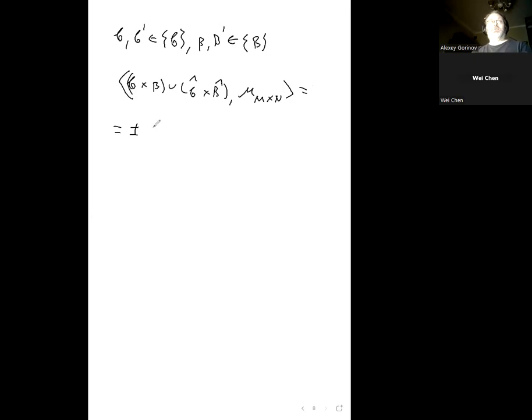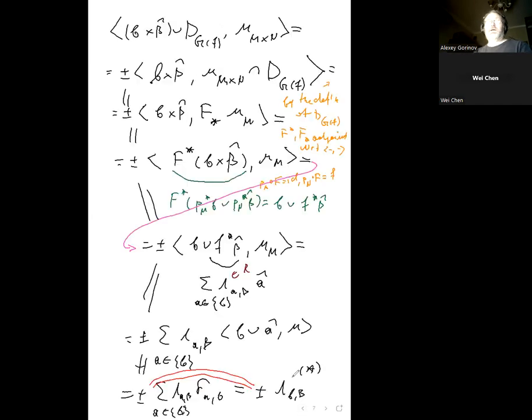I'm sorry, but why do we want B prime and beta prime here? Well, I want to pair any two elements which have this form, and basically I have found a pairing of the class DGF with any element of the basis.